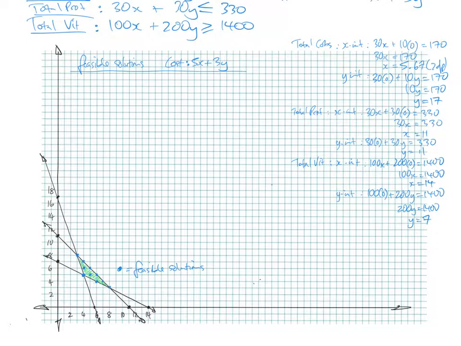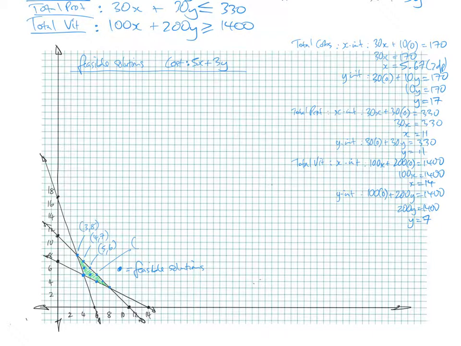So, the feasible solutions, we need to list them. This one is 3, 8. This one is 4, 7. This one is 5, 6. So can you see how important it is that you have drawn this accurately?